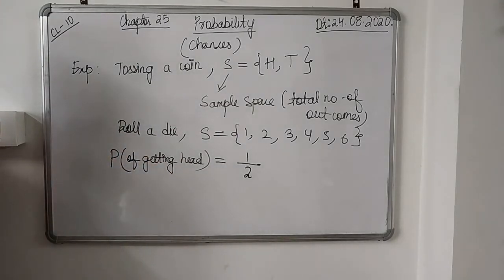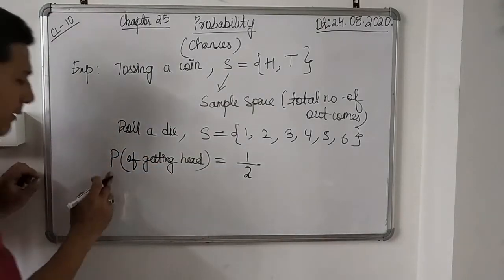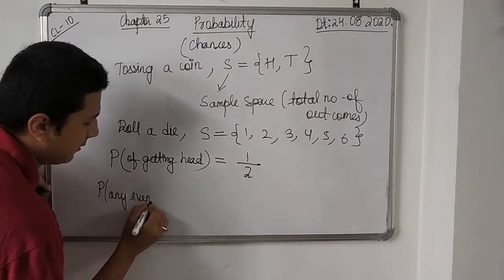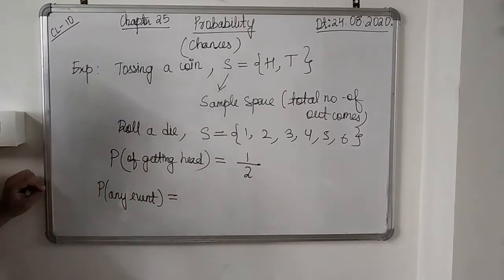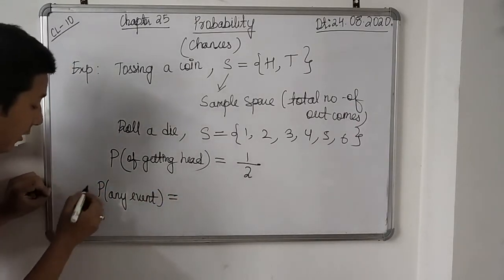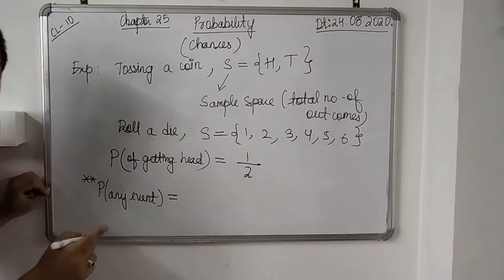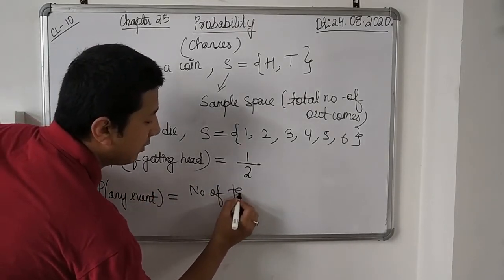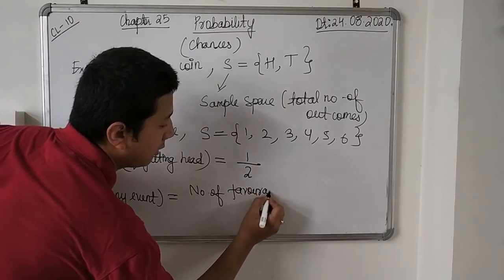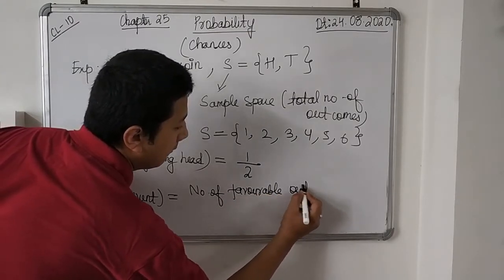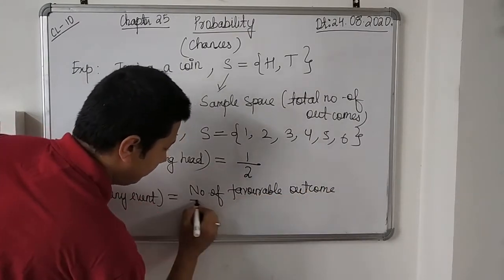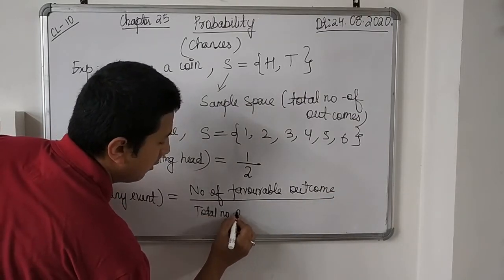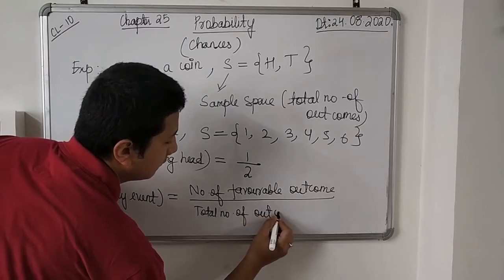So from here I can make the definition as well. Probability of any event, the formula, is now a very important formula for us. Probability of any event will be the number of favorable outcomes divided by the total number of outcomes.